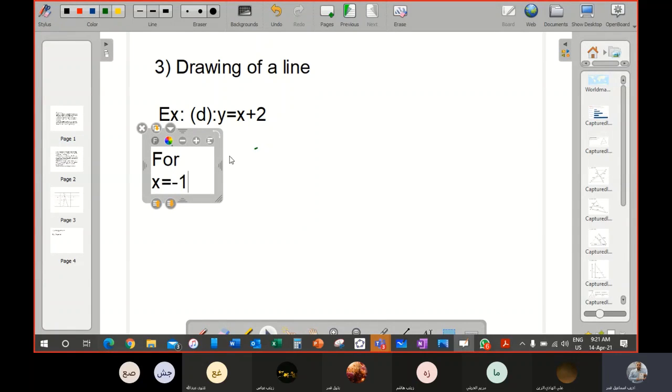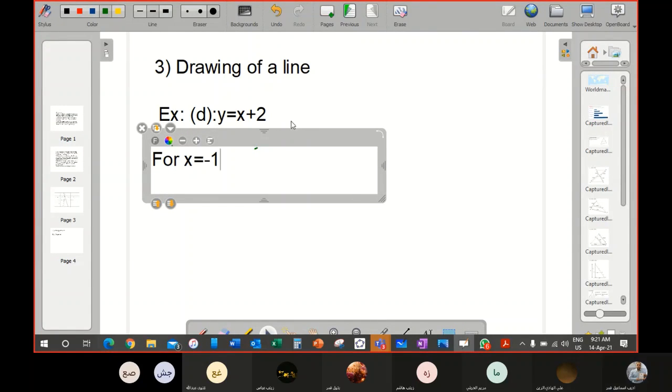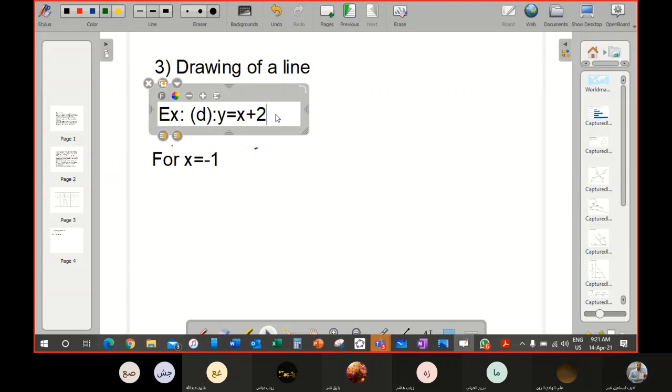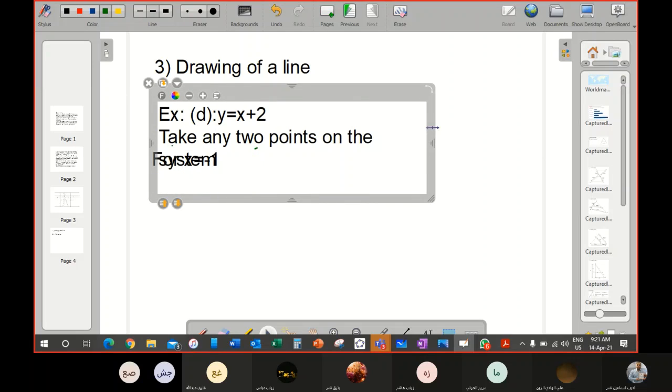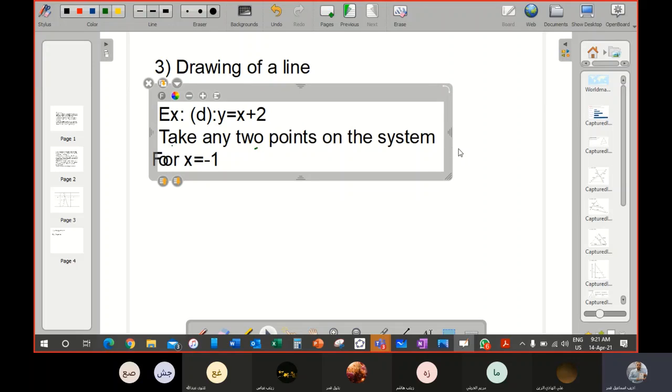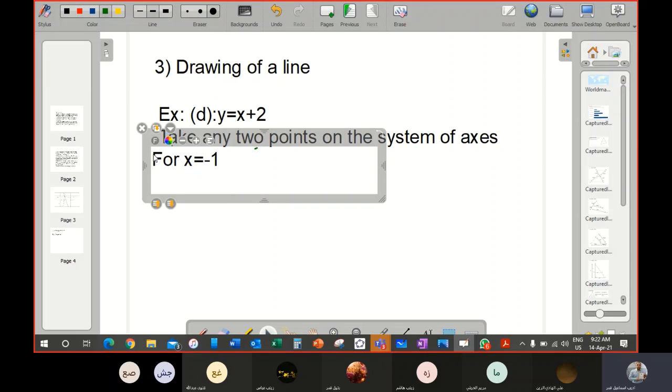So the first step: take any 2 points on the system of axes.